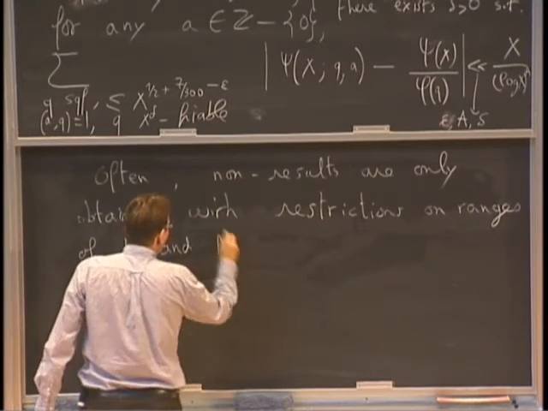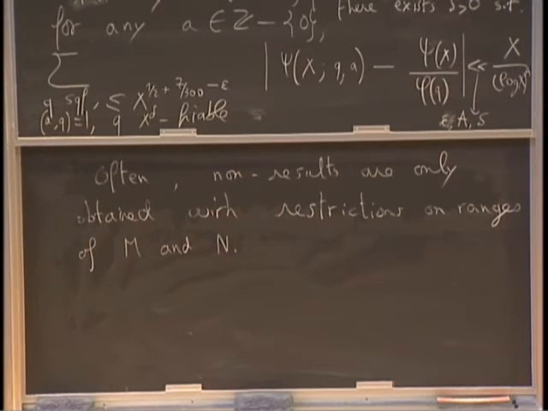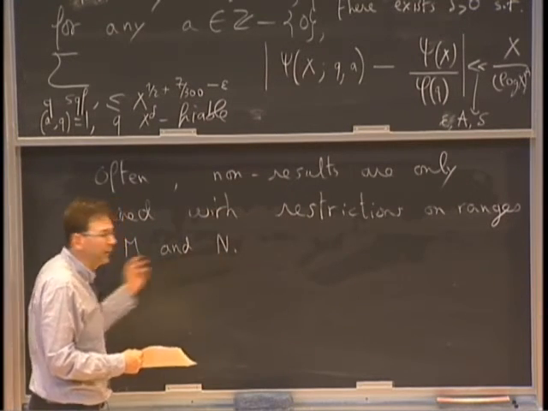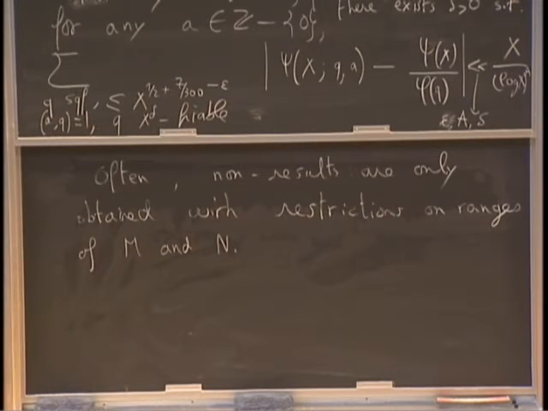You saw this in the proof of the Bombieri-Vinogradov theorem, except that in that case, things are really very nice, and there's basically no other restriction than both of them have to be not too small. But in the type of things that come in Zhang's estimate, we'll see that, for instance, there'll be one range of n which has to be relatively close to the square root of x.